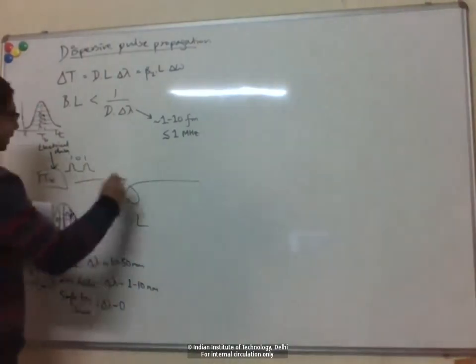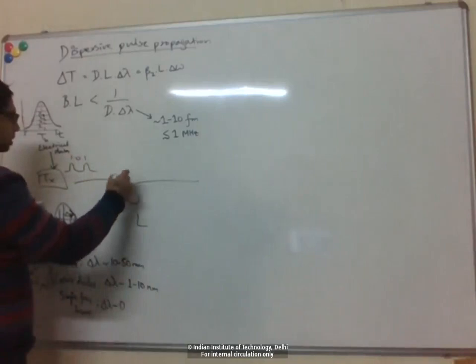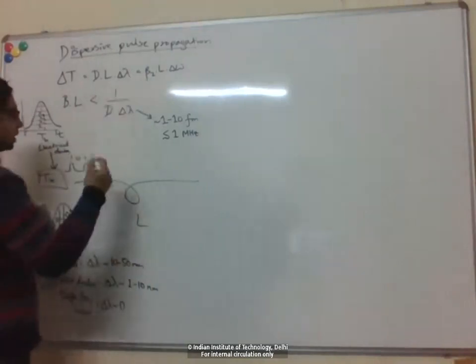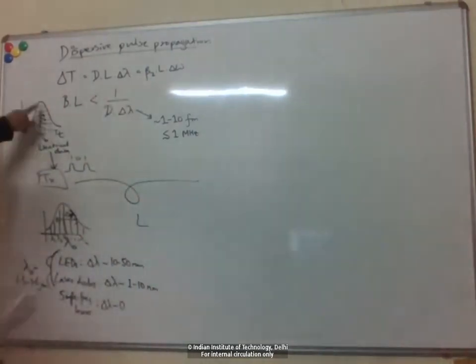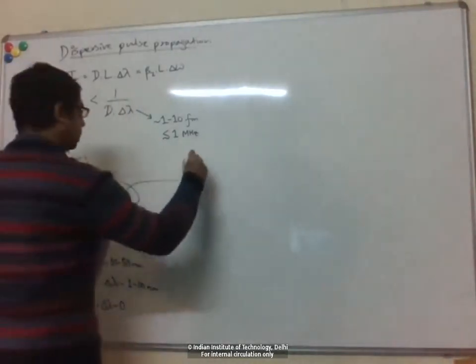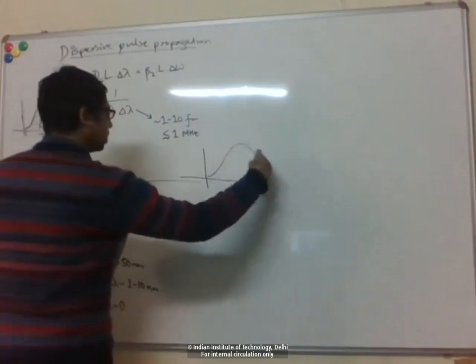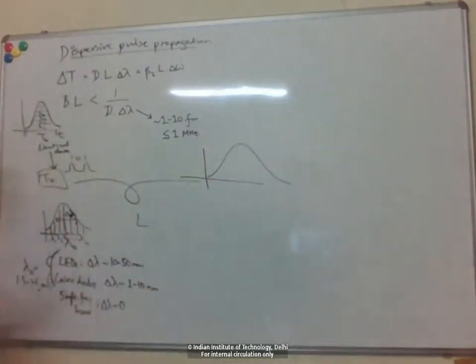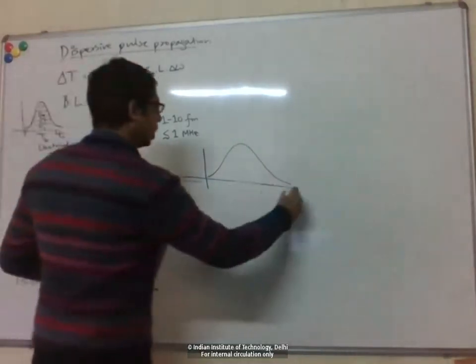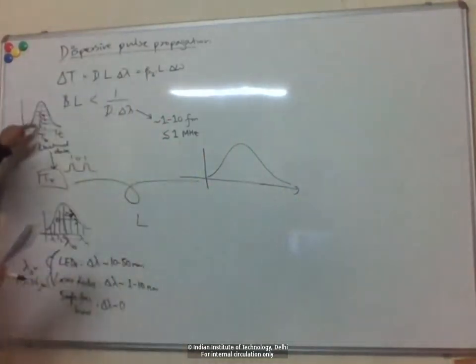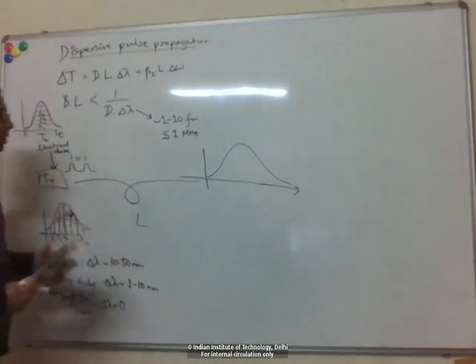And basically, once I send this pulse through the fiber, we saw this D or beta 2. What that is basically is group velocity dispersion. So different wavelengths travel at different speeds. So at the output, depending again on the sign of this D or beta 2, the lower or the higher wavelengths will travel faster.